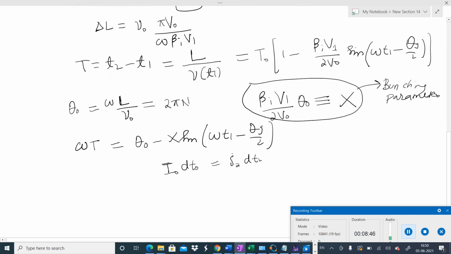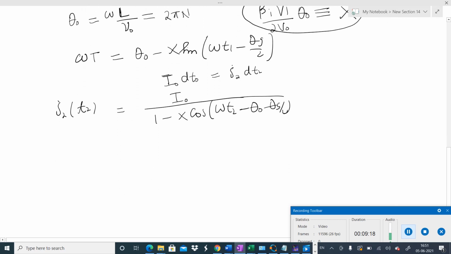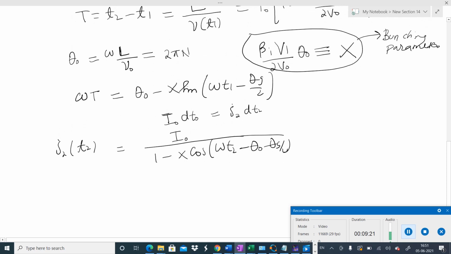Using all these equations, we got the current arriving at the catcher cavity as a function of T2, the time when it enters the catcher gap, given by I naught divided by 1 minus x cos omega T2 minus theta naught minus theta g, which is clearly periodic.